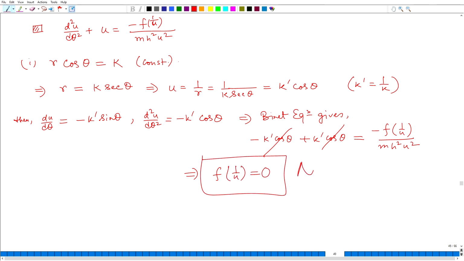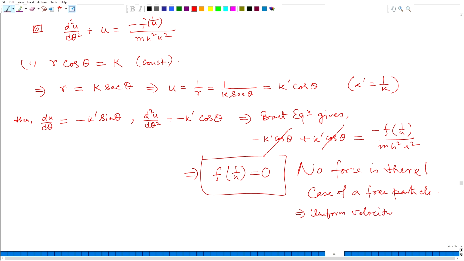It means no force is there. Now, what is the meaning of that? This is the case of a free particle, so uniform velocity.